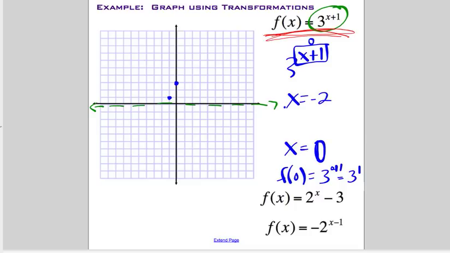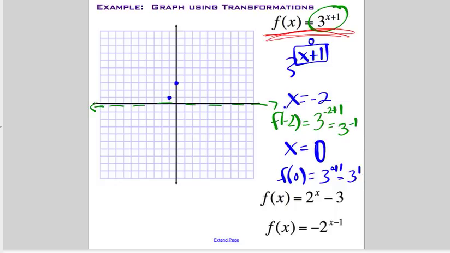Plugging in negative 2, f of negative 2 is 3 to the negative 2 plus 1, all in the exponent, of course. So that's really just 3 to the negative 1.